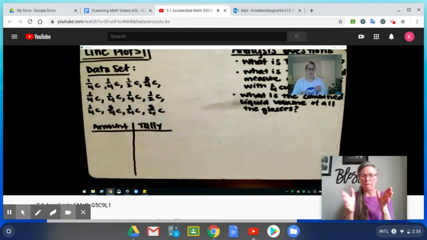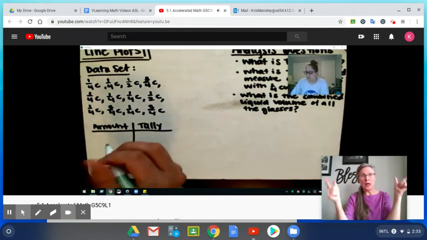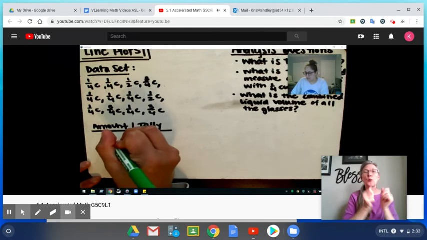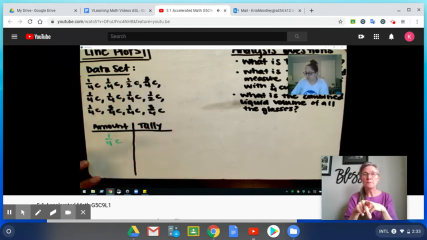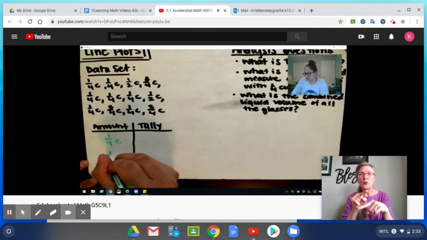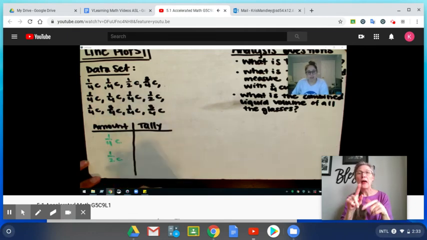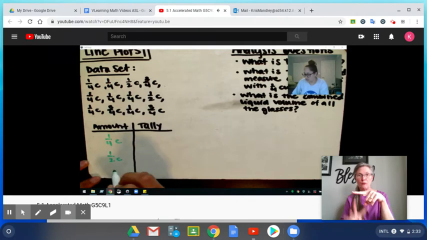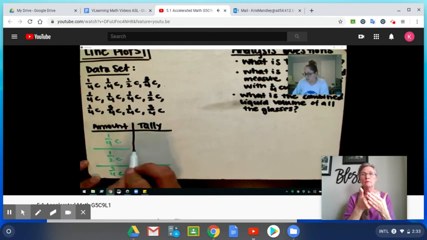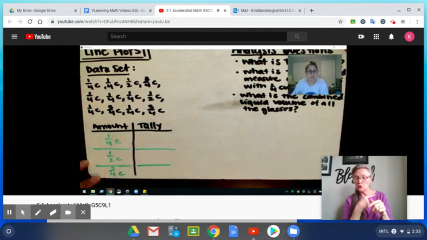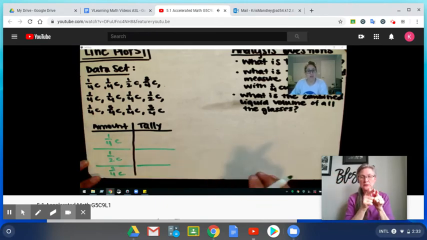From largest to smallest or smallest to largest, right? So I'm going to start with my smallest measurement, which is 1/4 of a cup. My next measurement, looking at my data, is 1/2 of a cup, and my final measurement is 3/4 of a cup. If I had more measures here, then I would include all of them, but I would be making sure that I was going in the numeric order from least to greatest, so that when I go to plot on my line plot, my data is in order, okay?